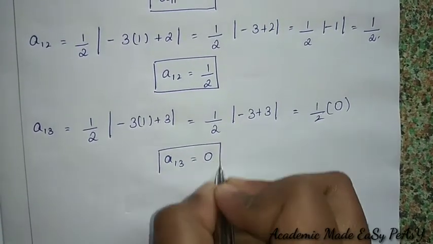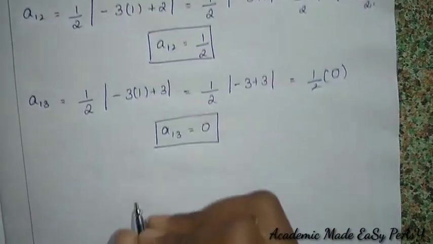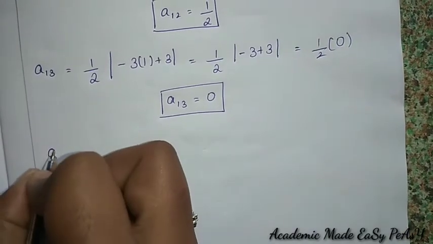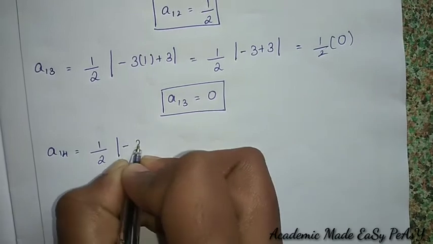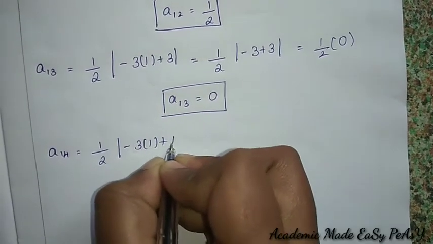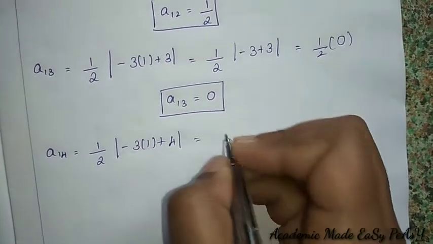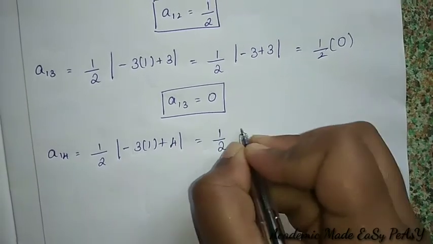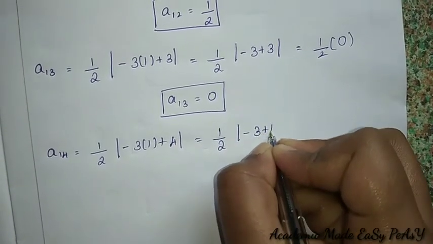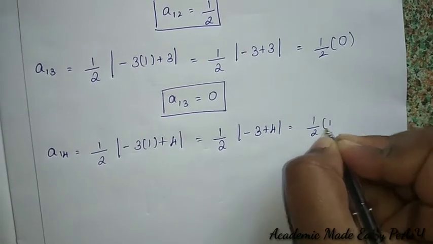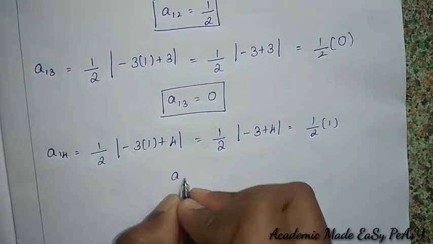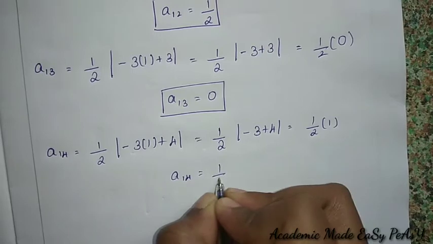This is my answer for A13. So next I will move on to A14, which is 1 by 2 mod of minus 3 into 1 plus 4, which is equal to 1 by 2 mod of minus 3 plus 4, which is equal to 1 by 2 into 1. So therefore A14 is equal to 1 by 2.